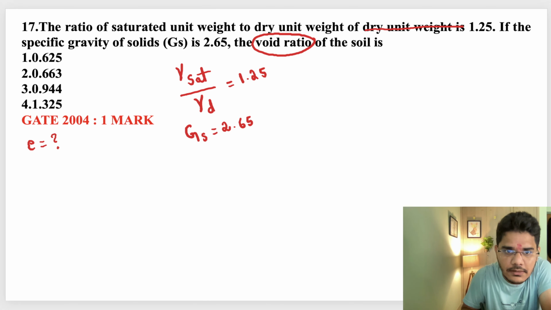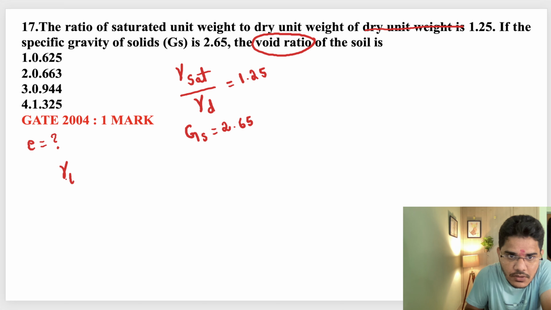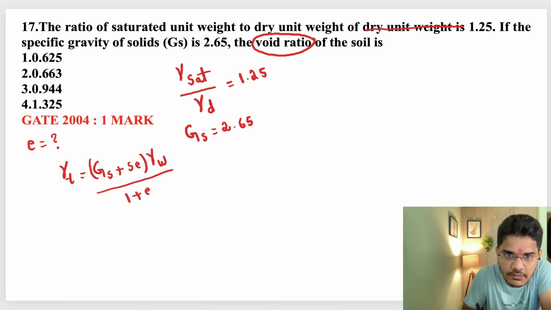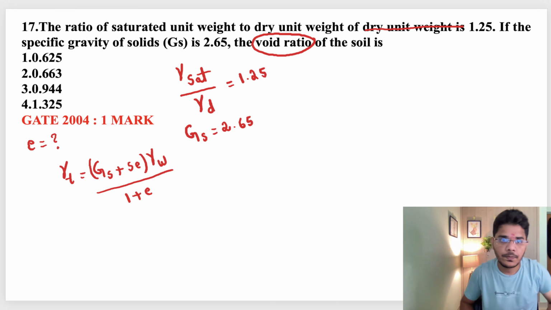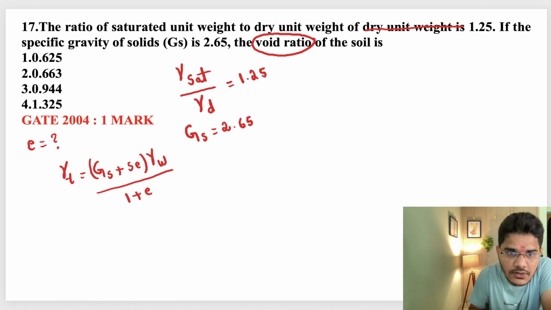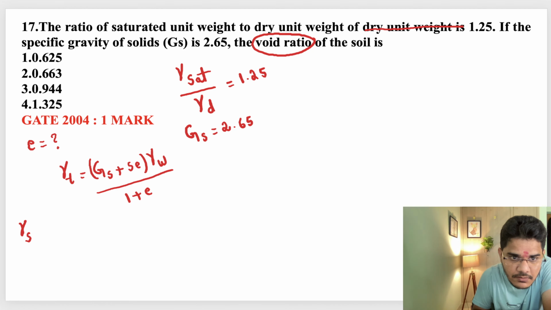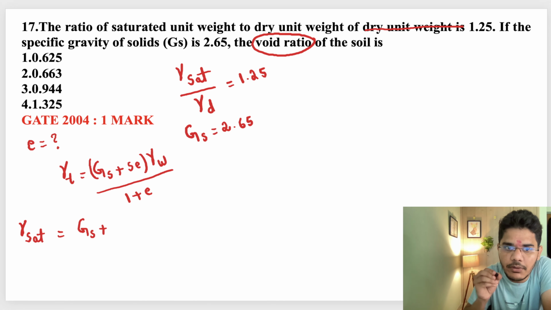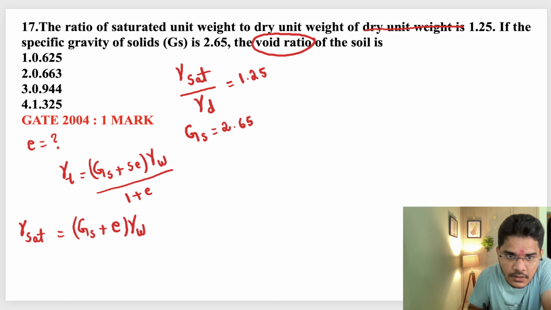Just write the formula. We know gamma is equal to (G_s plus S e) into gamma w divided by 1 plus e.